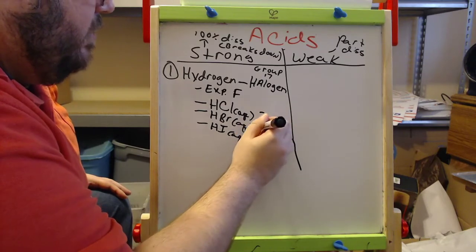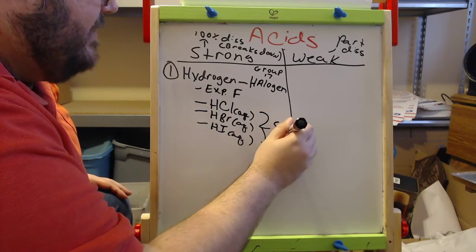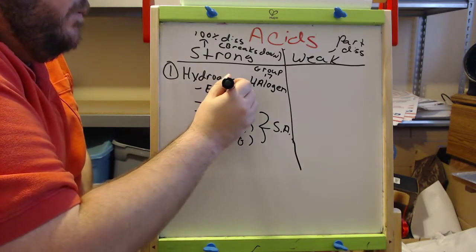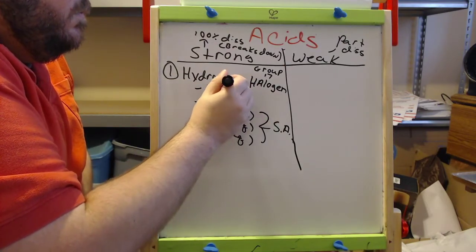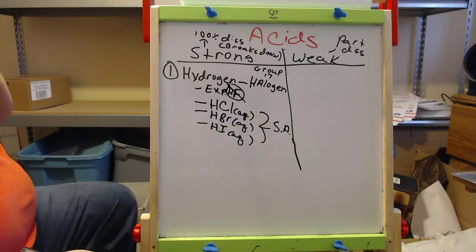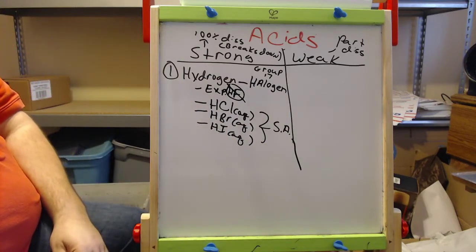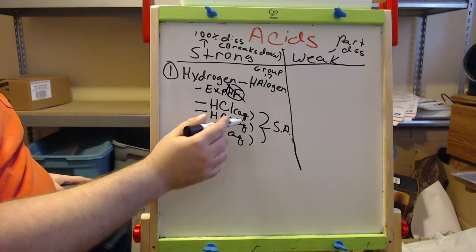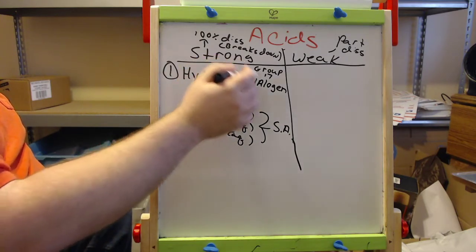These are all strong acids. HF is not. So number 1, I'm a strong acid if I'm in water and I'm a hydrogen bonded to a halogen.